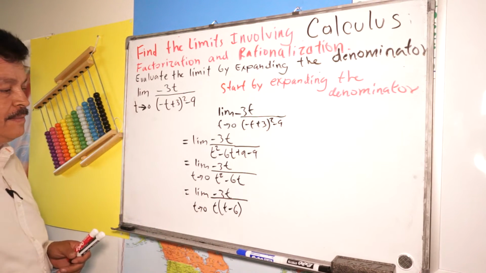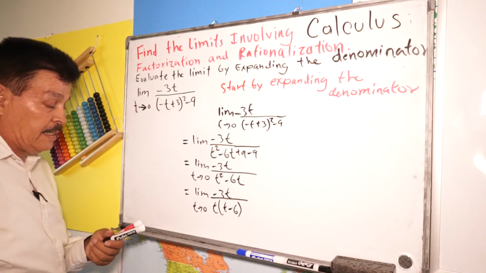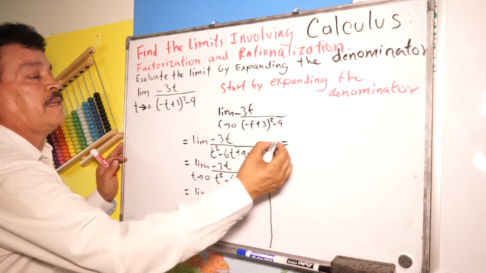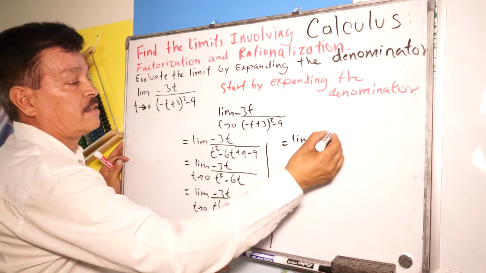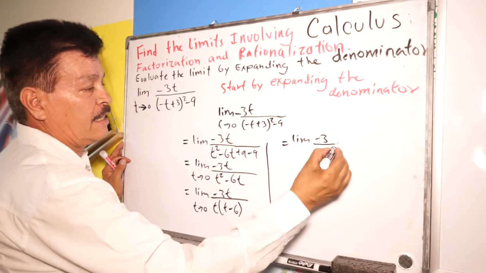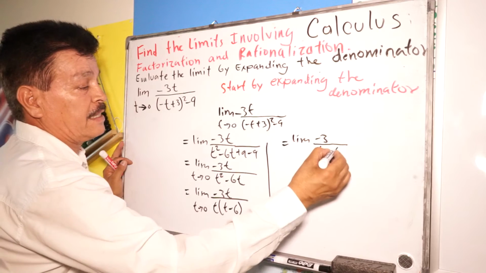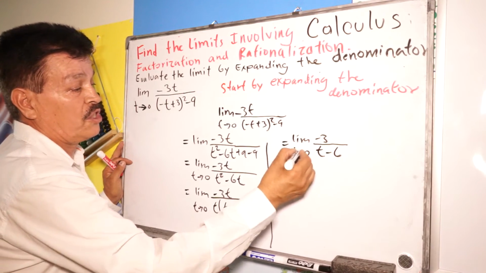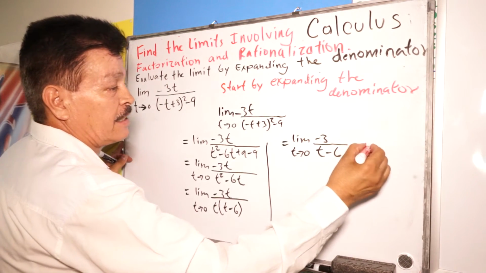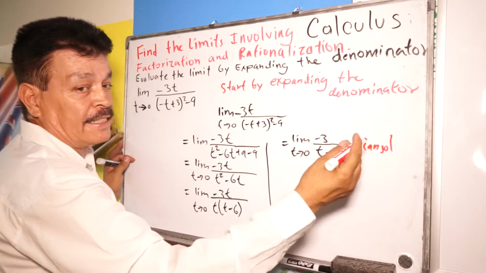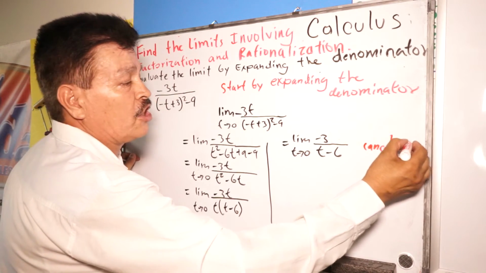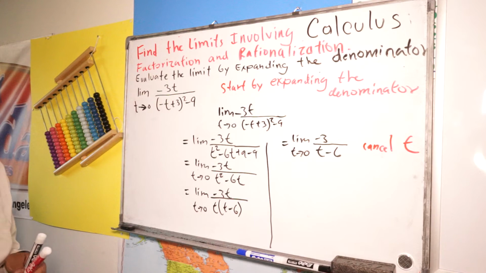So all this should equal the limit of negative 3 divided by t minus 6 when t approaches 0, canceling t in that step.